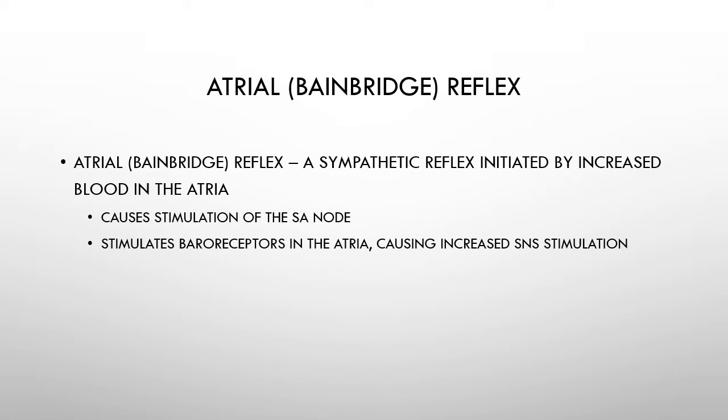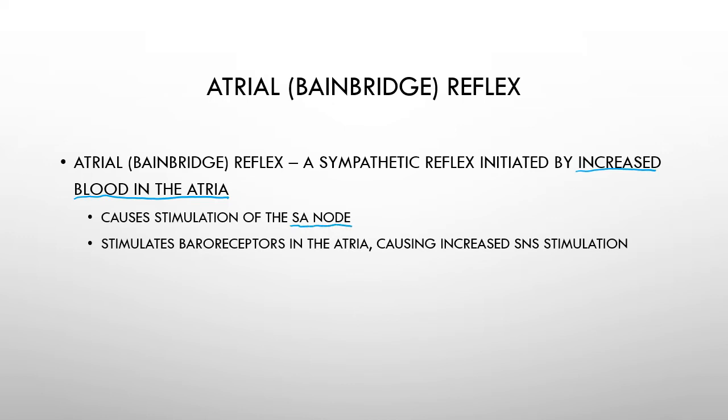Next up, we have the atrial reflex, or the atrial Bainbridge reflex. This is a sympathetic response that occurs when we have more venous return. And so we've got an increase in the blood that's in the atria themselves. And so our atrial volume has increased. This is going to stretch out the cells inside the atria and leads to the SA node firing off.